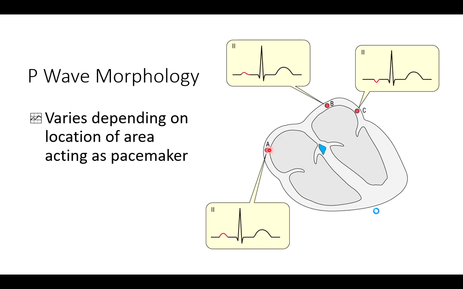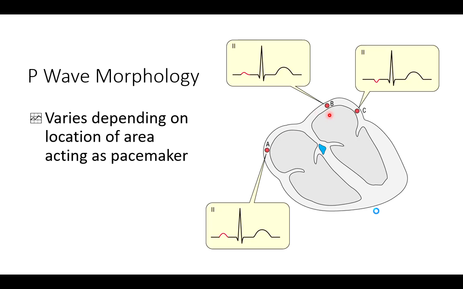So if the electrical activity is propagating in this direction, it would be propagating toward lead 2, in Einthoven's triangle, that hexaxial system, so we would see a positive reflection.